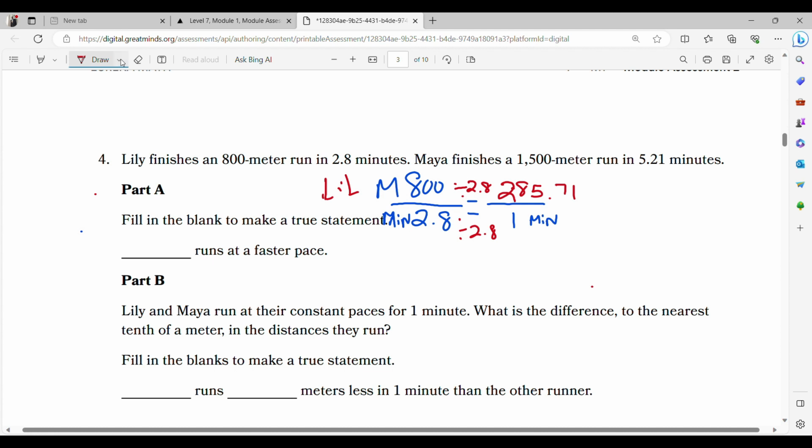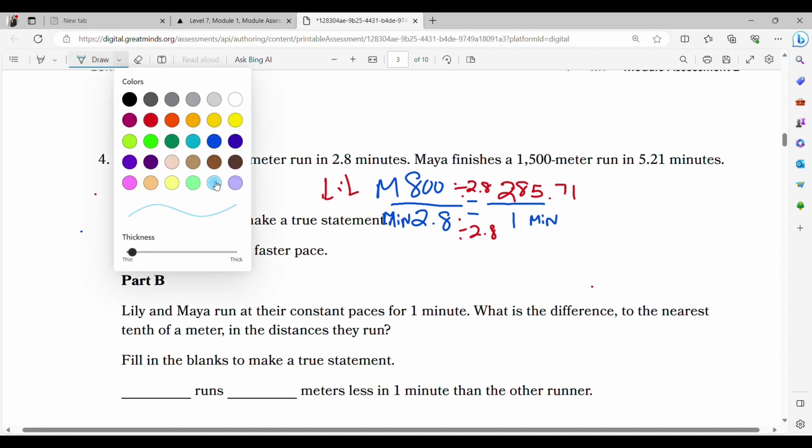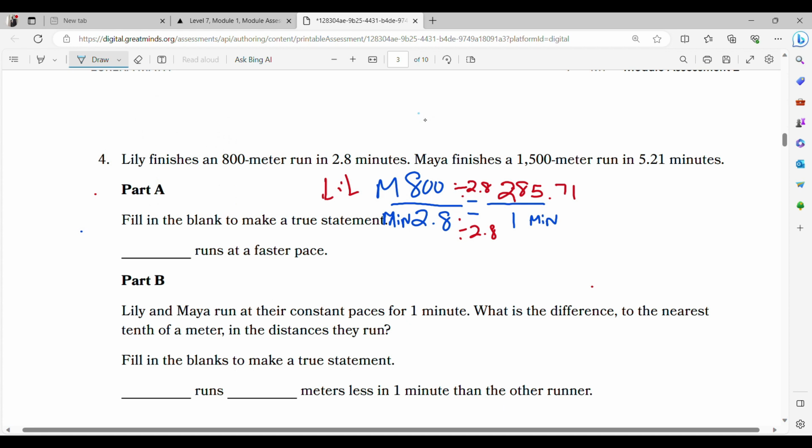All right, we're going to do Maya in a different blue because Maya likes to be different. She doesn't want to be confused with Lil. Maya runs 1,500 meters in 5.21 minutes. How many meters does she run in 1 minute? We are going to divide by what? 5.21.